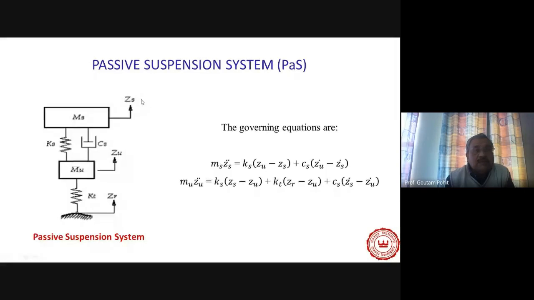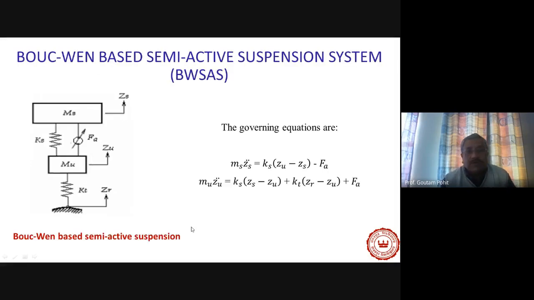And due to this ZS, the passenger will feel comfortable or uncomfortable. Our objective is to minimize the value of this ZS, and how fast we can bring this ZS to rest, depending on the properties of stiffness and damping of a passive damper. For a quarter car model, we can easily find out the solution.